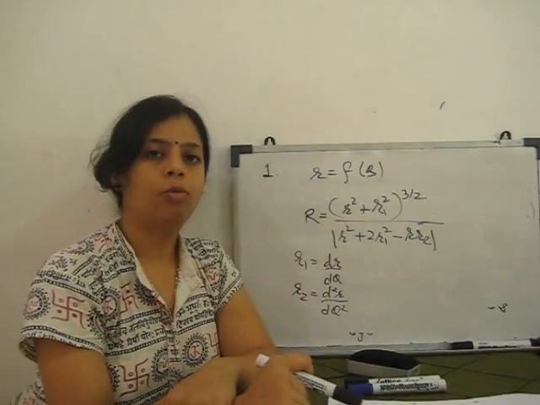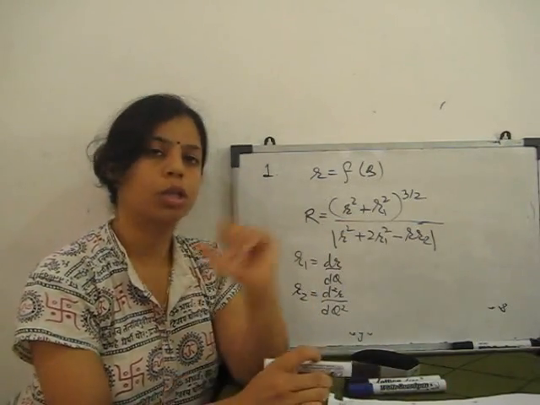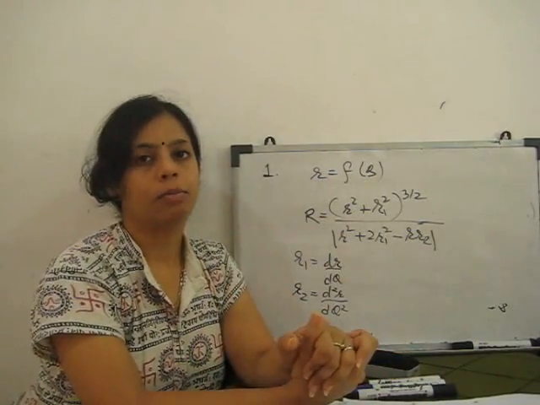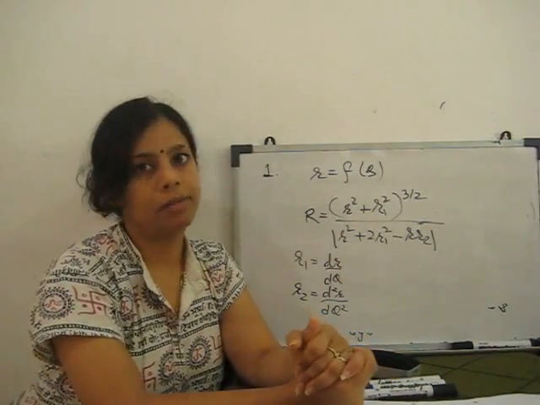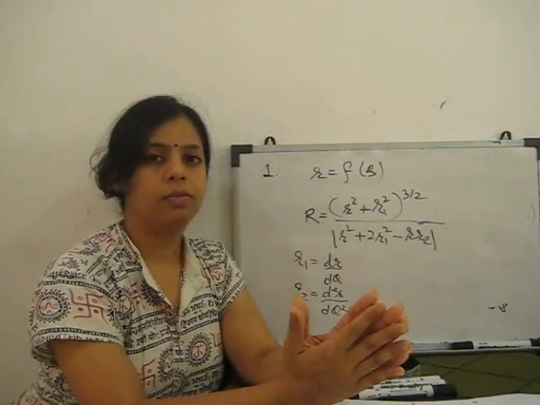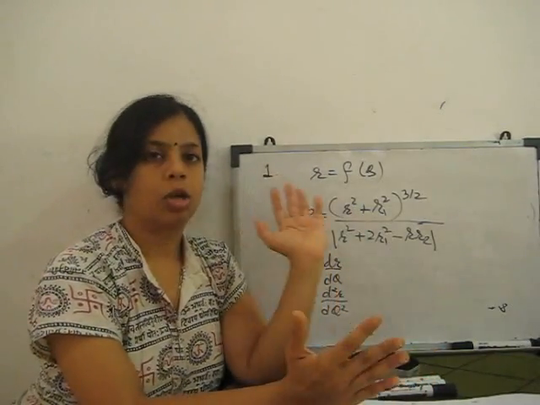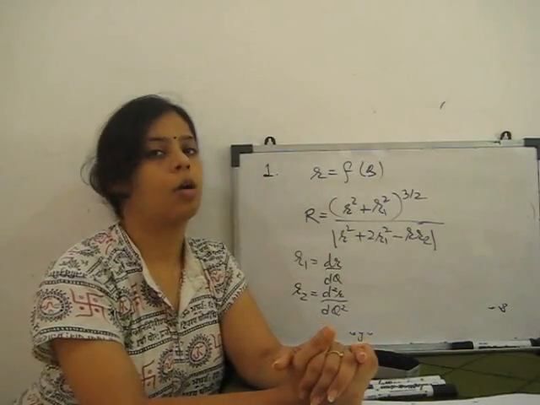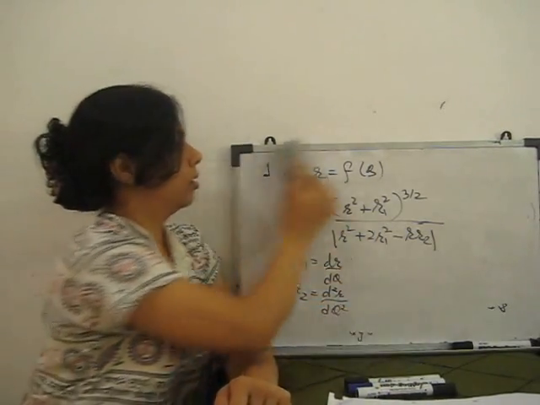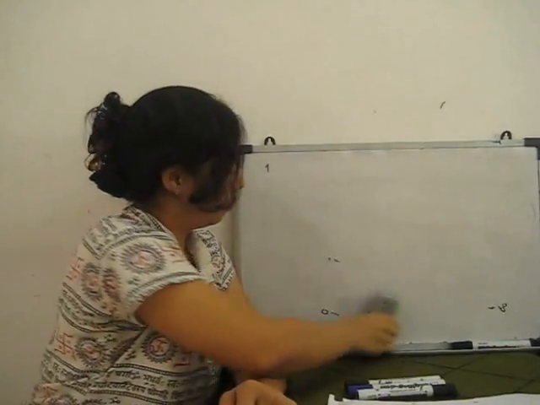First we discuss some problems on this radius of curvature, and then we go for the new formula. Radius of curvature is a very vast topic, so we go step by step. First we solve some questions on these formulas so you can understand how to find the radius of curvature.